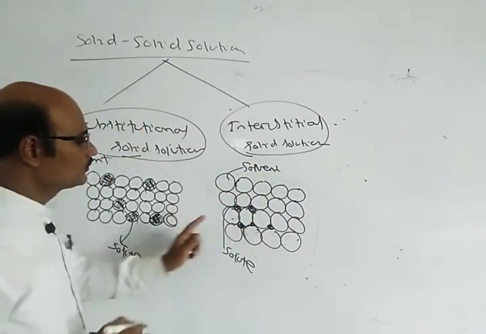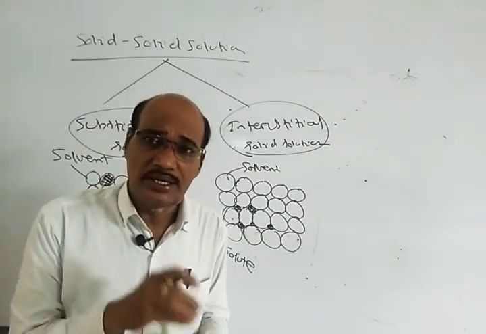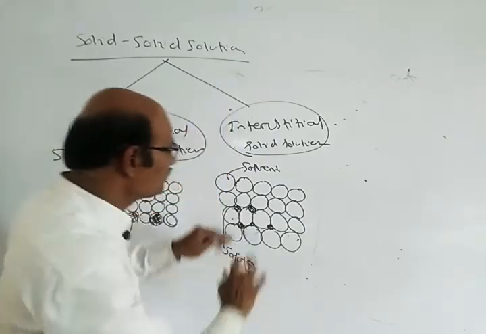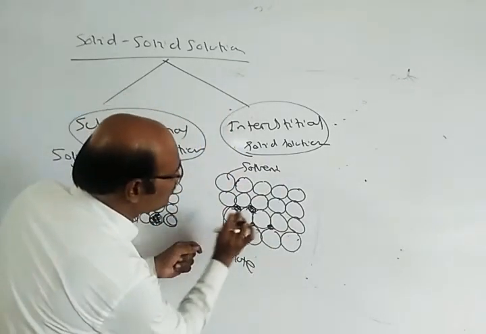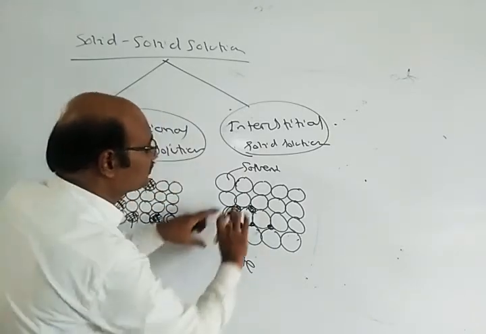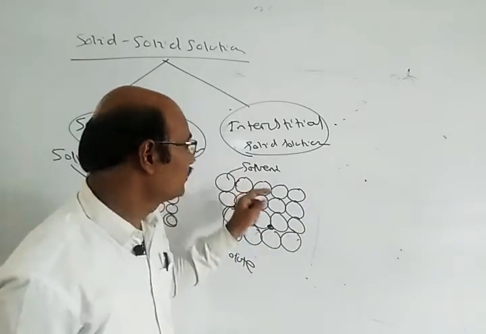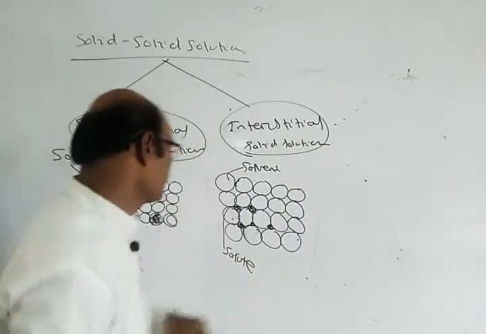So here the second type of crystals are placed in the interstitial sites of the first crystal. So to the interstitial sites of the solvent crystal, unit cells of other crystals are inserted, and this is called an interstitial solid solution.